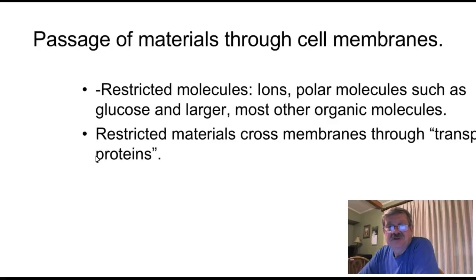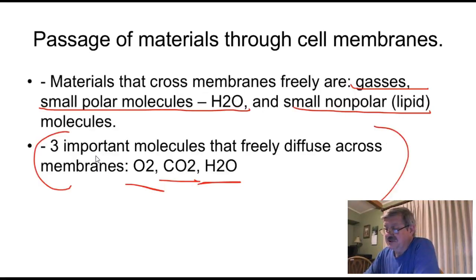Okay, passage of materials through the cell membranes. So we just saw that what can pass through the membranes of the cell are oxygen, carbon dioxide, and water. In more general terms, gases, such as nitrogen gas, carbon monoxide gas, small polar molecules like water, small nonpolar molecules, but the big three that's important for life are oxygen, carbon dioxide, and water.